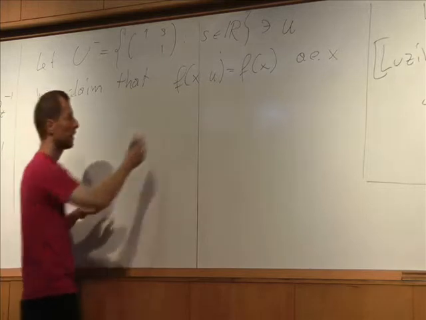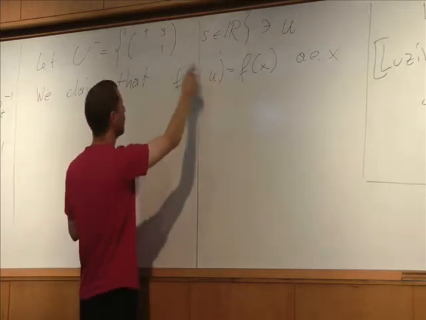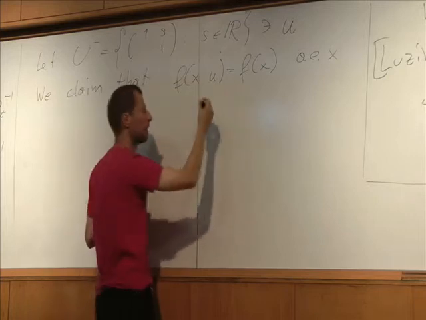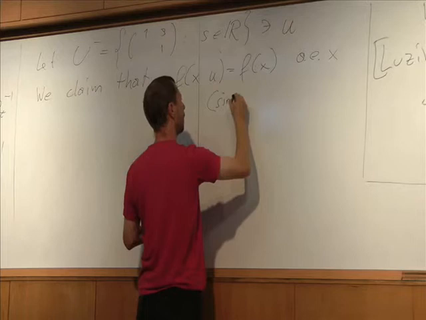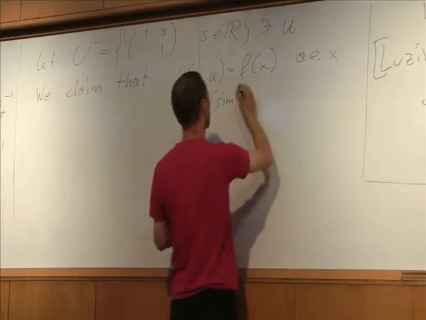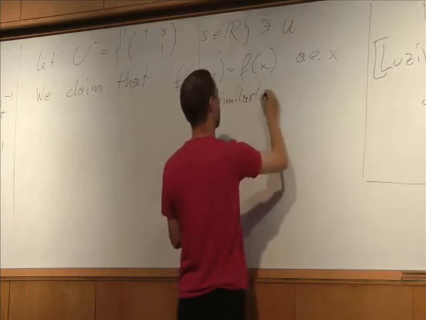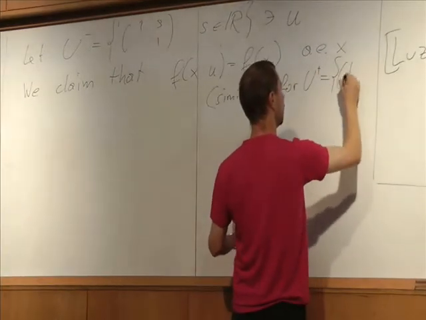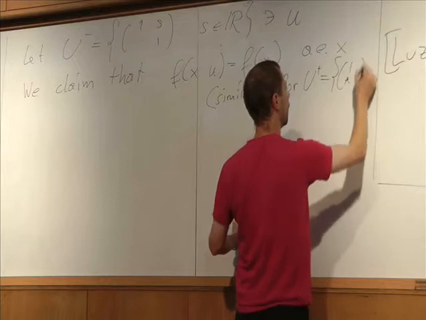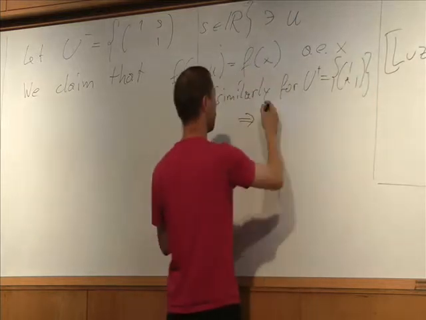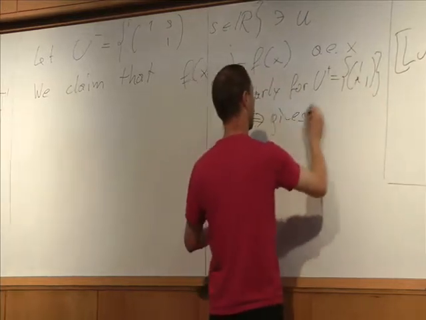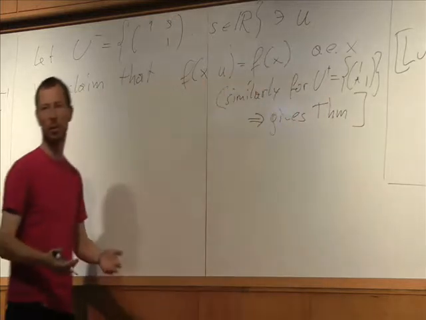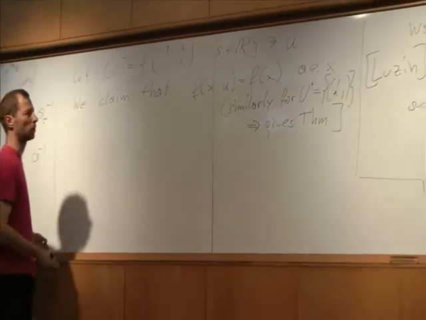So the action of the upper unipotent preserves the function. Similarly for u plus. And this gives the theorem, because then the function is invariant under everything. If it's invariant under everything, it's constant. That's what we wanted.